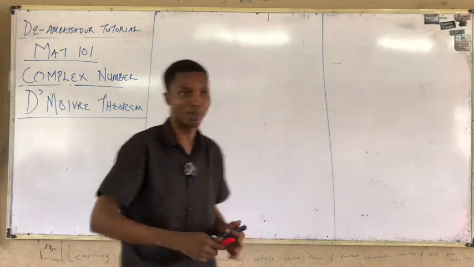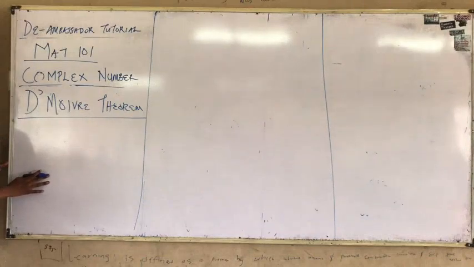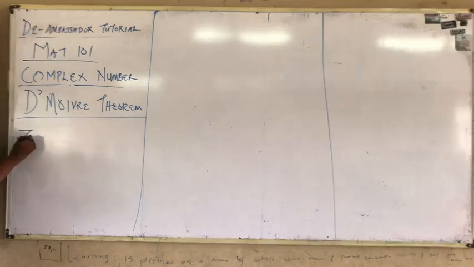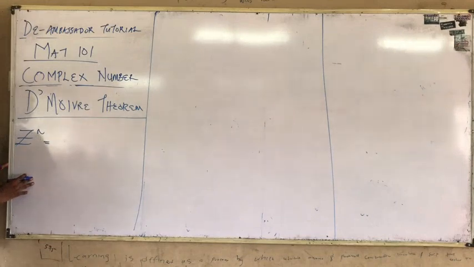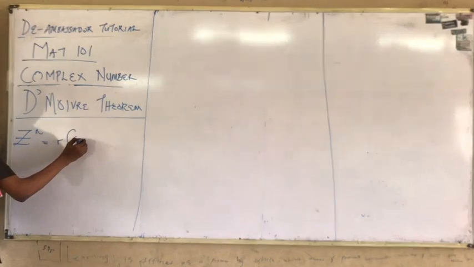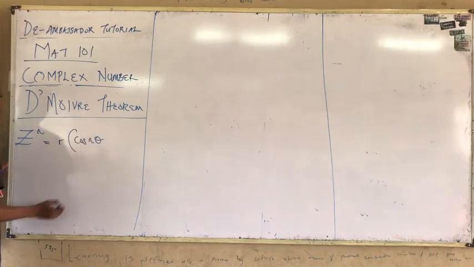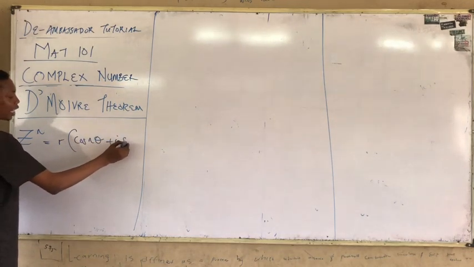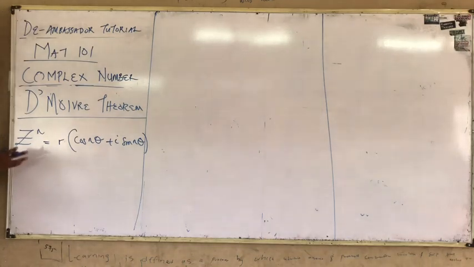The formula says, when you have z in the power of n, and you are given your r, cos n theta, then your i sine n theta. De Moivre is saying that this thing you are saying can be written as this.